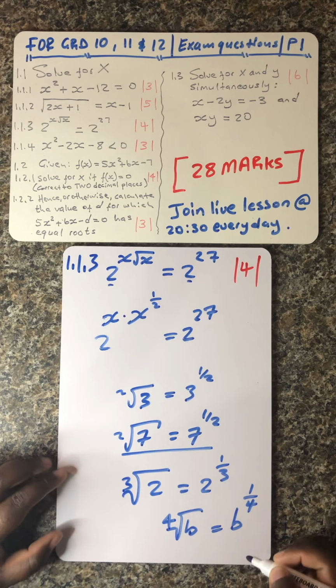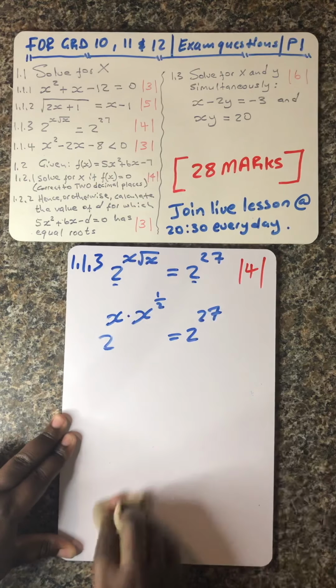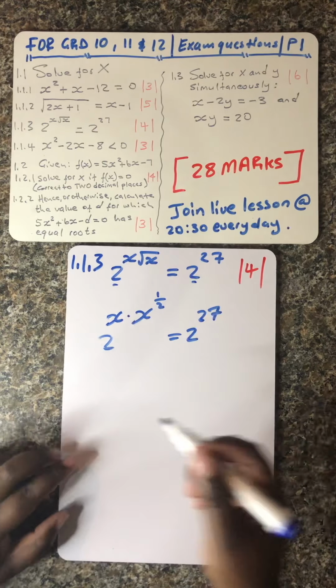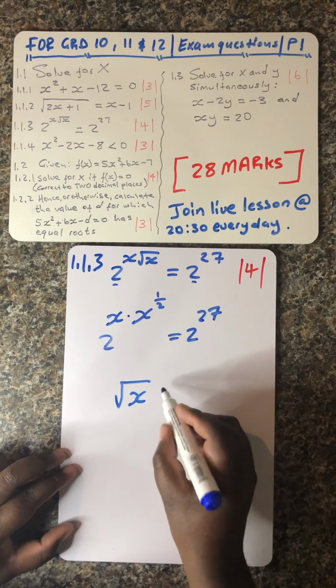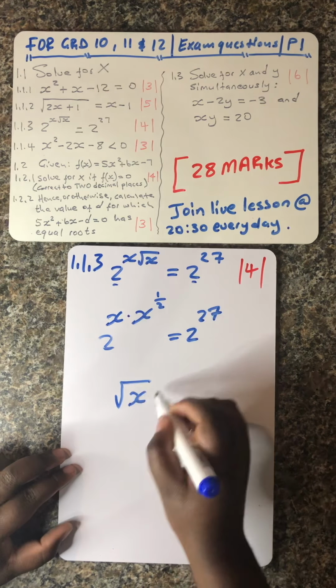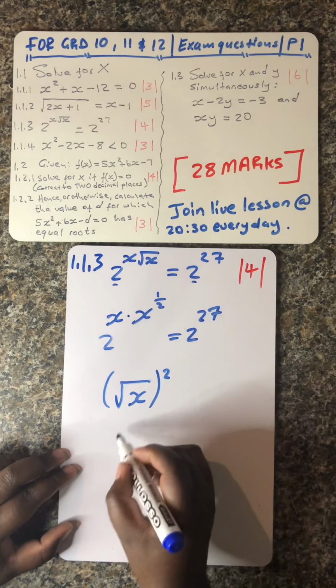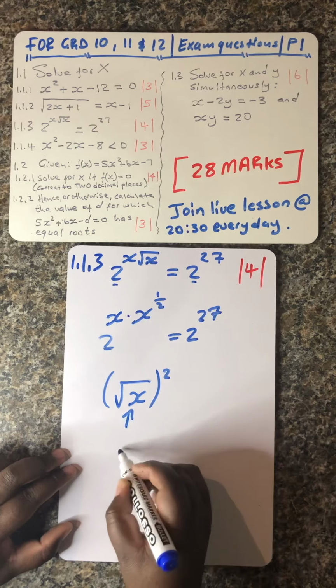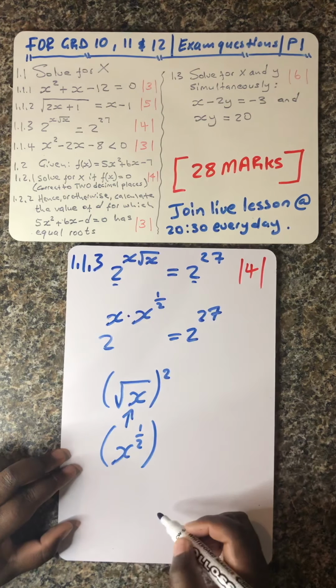Just to make it practical and for you to understand, the reason why, when you've got square root of x and you want to remove the square root, you introduce a square, is because this, as I've explained, is the same as x to the exponent 1 over 2.